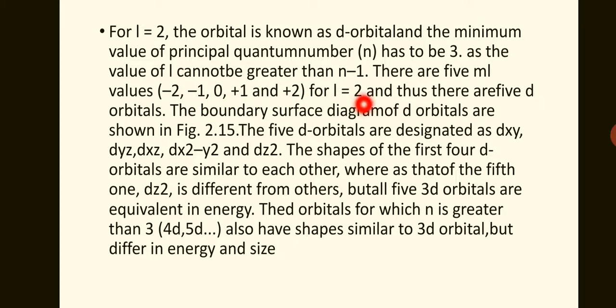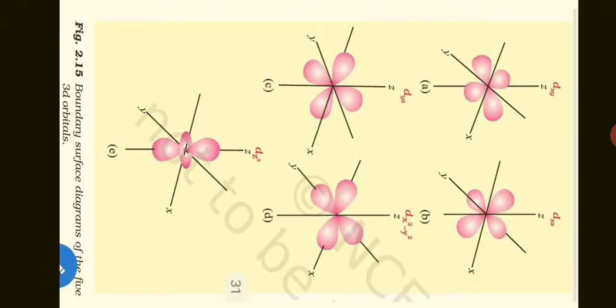So for l equal to 2 there are 5 d orbitals, and the boundary surface diagrams of d orbitals are shown in figure 2.15. So move your mobile accordingly so that you can see figure 2.15 easily.